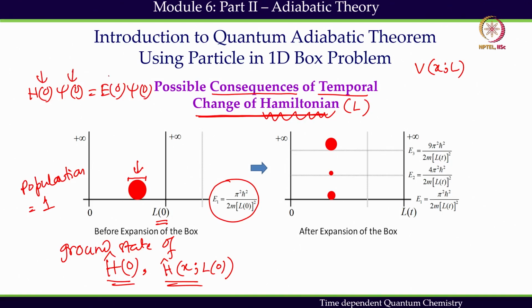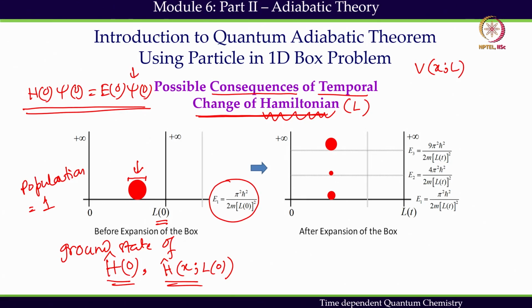All depends on coordinate space as well, except for E. But it has a parameter, so that parameter dependency I am looking at. So before the adiabatic change occurred, from this TISE I'll be able to get different states, and we are saying that the particle is present in the ground state.